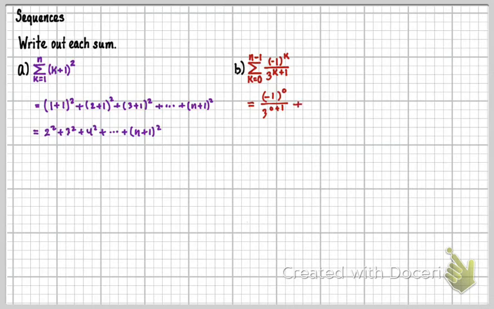I'm going to put a plus there, and then just plug in where the k is 1 now. So where it's 1, it's going to be negative 1 to the 1 over 3 to the 1 plus 1. Because I think more importantly, I want you to see how this pattern works out. This is negative 1 squared over 3 to the 2 plus 1 plus ... Now it wants me to go to n minus 1.